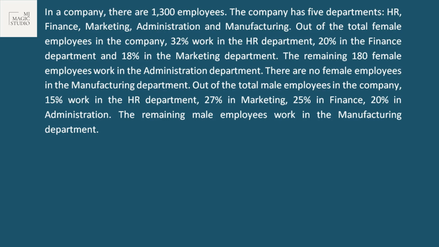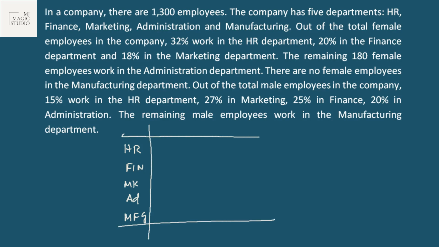In a company, there are 1,300 employees. The company has 5 departments: HR, finance, marketing, admin, and manufacturing. Okay, we have got 5 departments and the total is 1300.